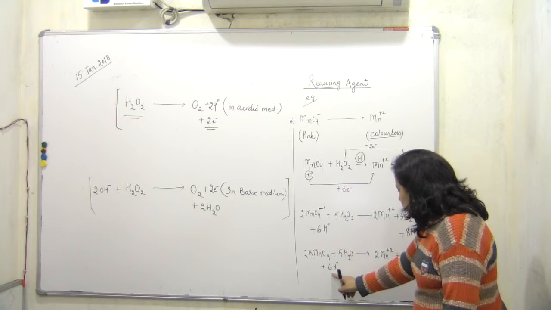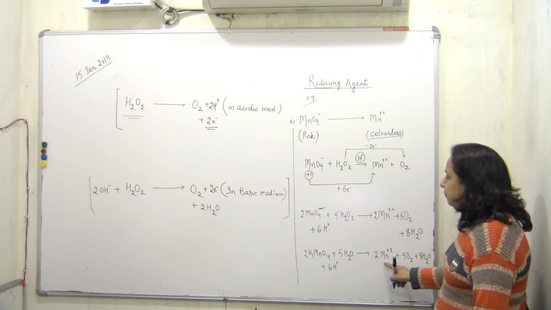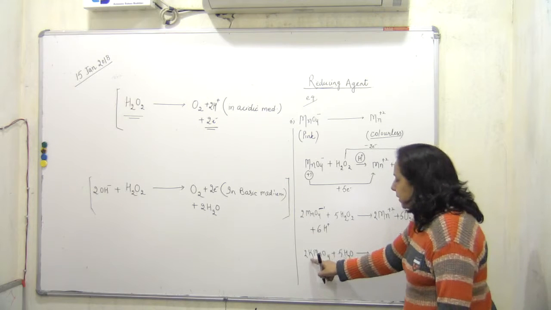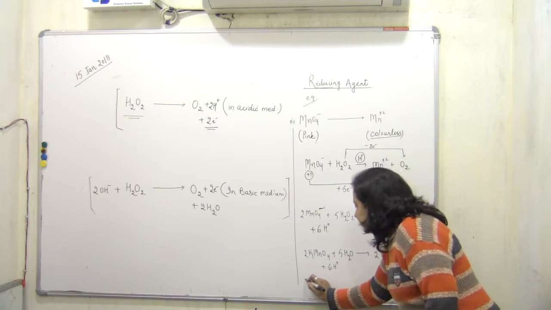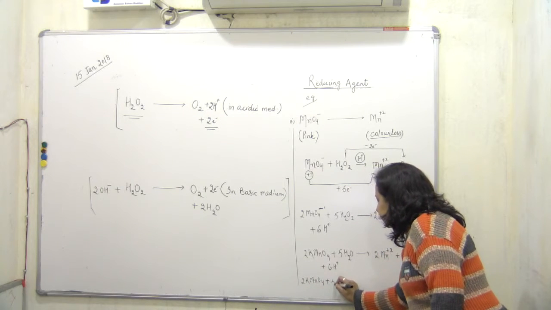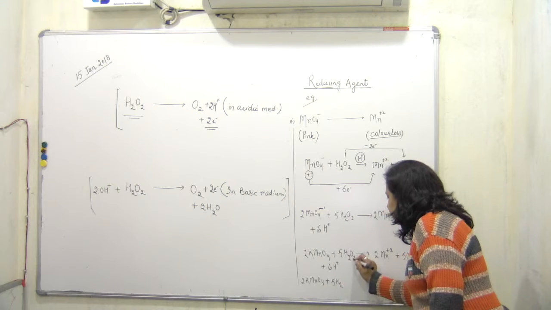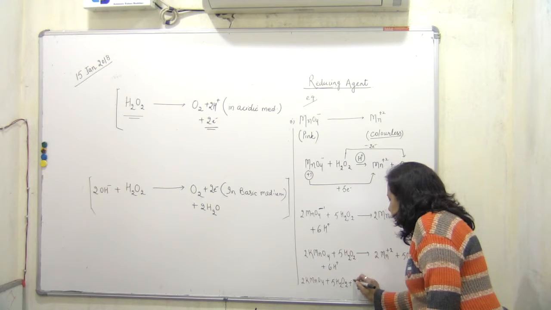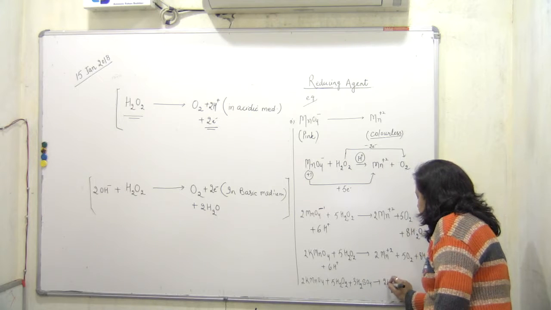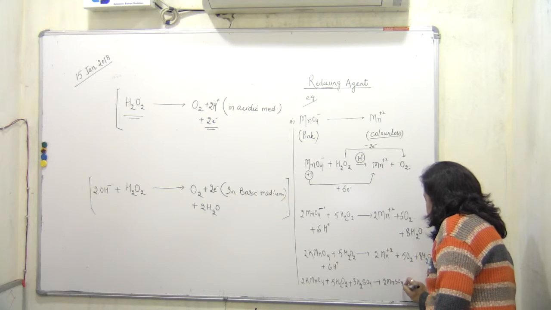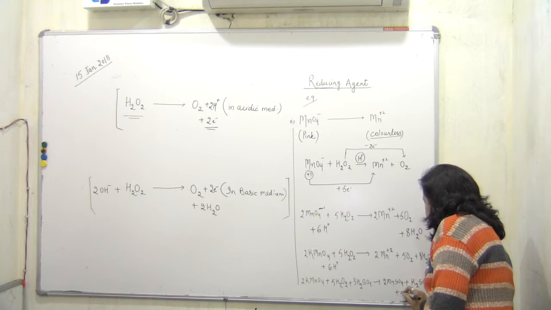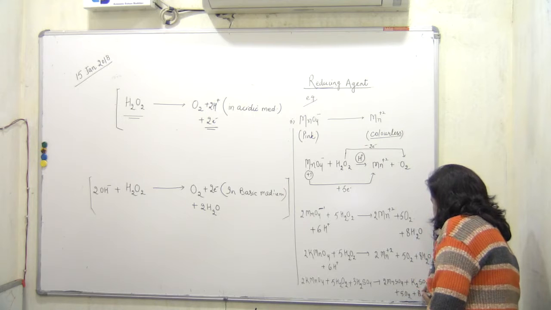If I write 3 moles of sulfuric acid, here will be sulfate ion which is going to balance this manganese, and 1 sulfate will be giving us K2SO4. If I write this reaction as 2 KMnO4 plus 5 hydrogen peroxide plus 3 sulfuric acid, final products will be 2 MnSO4 plus K2SO4 plus 5 O2 plus 8 H2O.